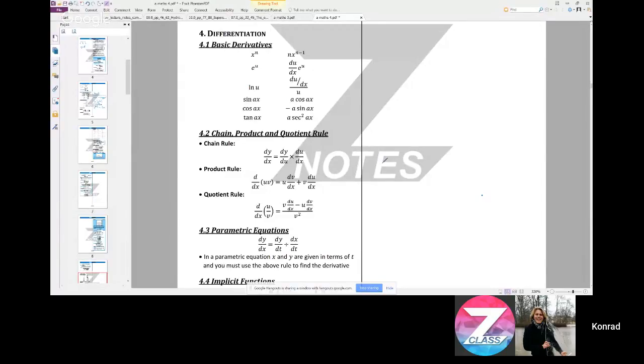Okay, so differentiation then. You're all fairly happy with the basics of it. I'm assuming you are all reasonably comfortable with these rules, right? Your chain rule, your product rule, your quotient rule.